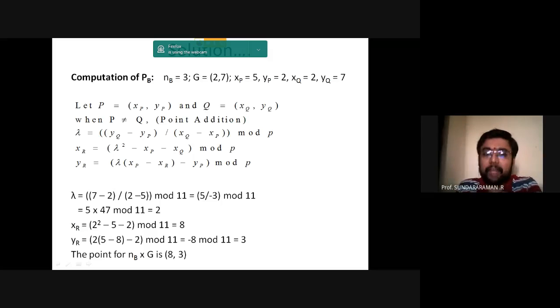So minus 3 mod 11 is equal to 8. So 5 by 8 mod 11. So 1 by 8, that is 8 inverse mod 11.